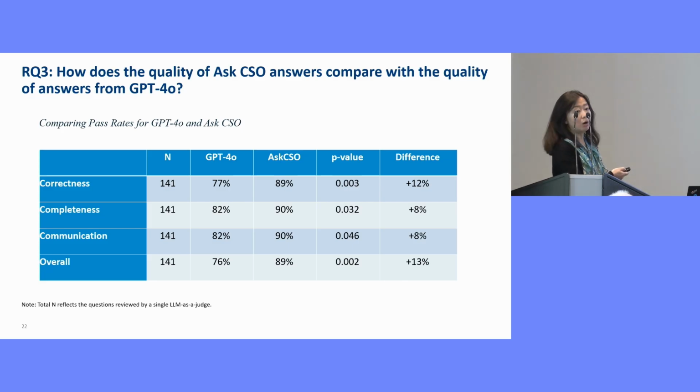With the same number of questions, GPT-4o achieved about 76% to 82% accuracy. Our Ask CSO achieved 89 to 90% accuracy across the domains. The differences are significant.